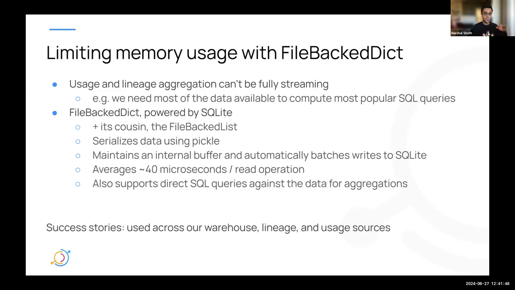So what that means is we pull a bunch of metadata from, let's say, BigQuery. We'll pull the list of columns for a given table, and then we will immediately try to push that into DataHub. And then once it's pushed in, we can forget about that list of columns. The Python framework doesn't need to keep that information in memory.